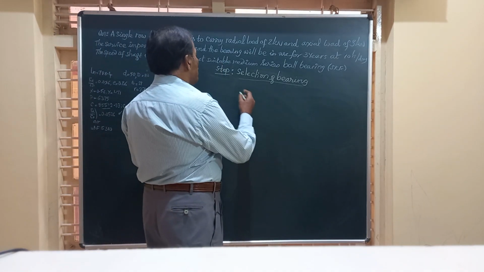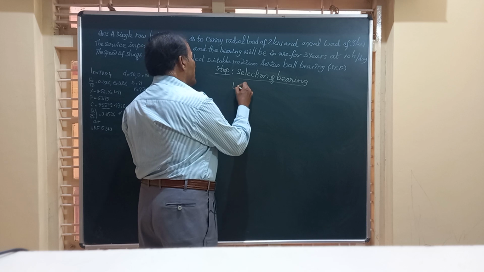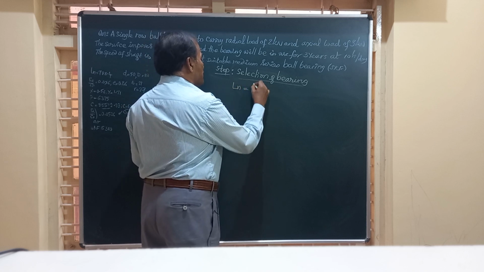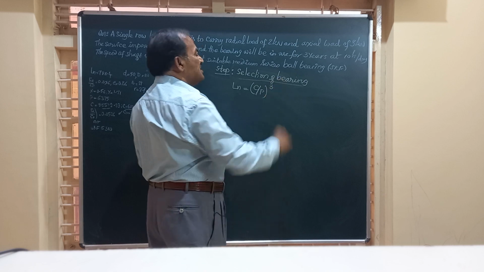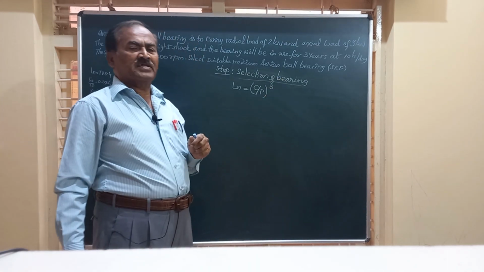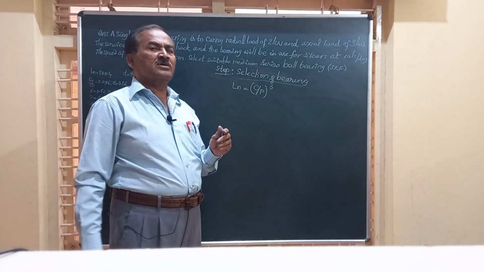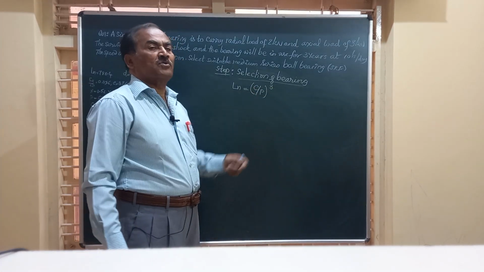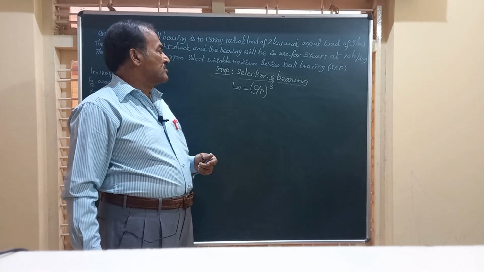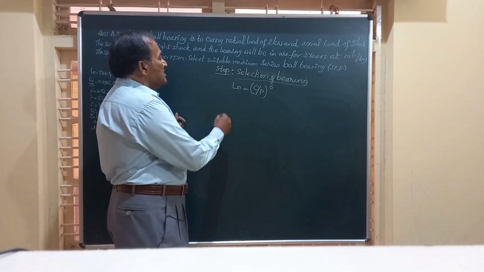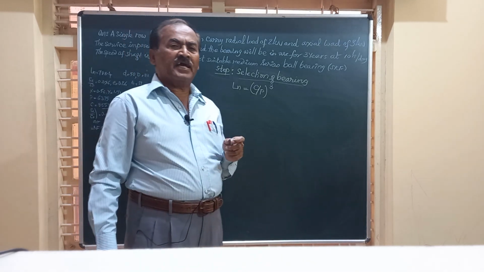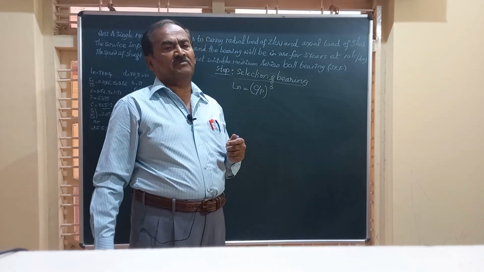Friends, for the ball bearing, we have the formula Ln is equal to (C by P) to the power of 3. This is the formula for ball bearings. Similarly, for roller bearings, you have Ln equal to (C by P) to the power of 10 by 3. So here, friends, to know the value of C from the data handbook, we should know the diameter.